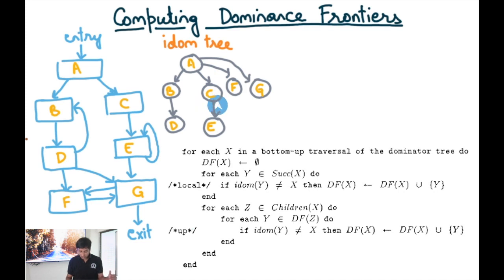Plus, I'm going to look at the local dominance frontier, which is the immediate successors of C. And so that's how I'm going to share the work that I'm doing for different nodes.